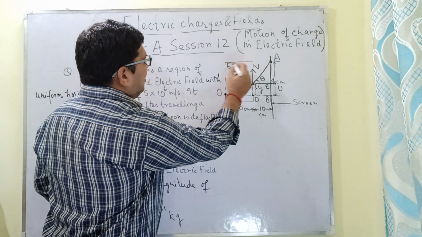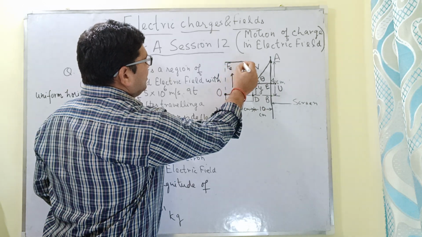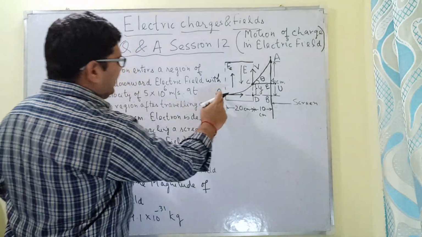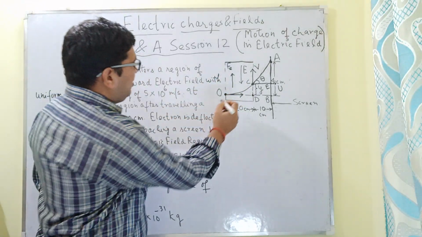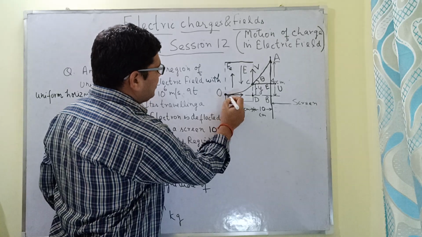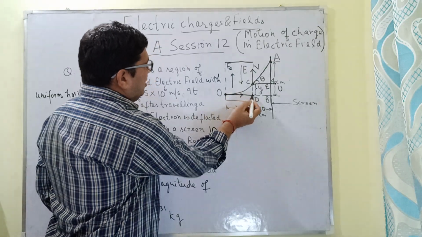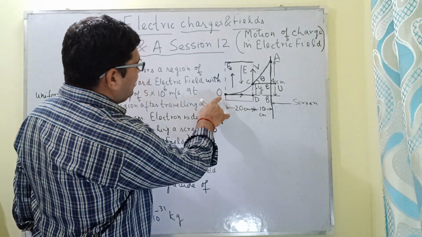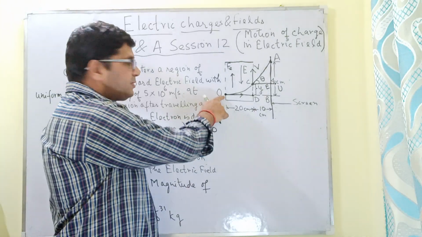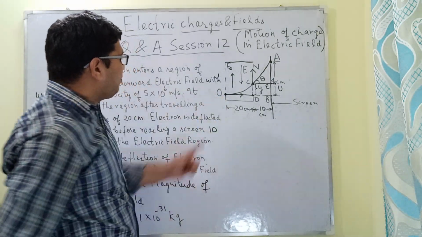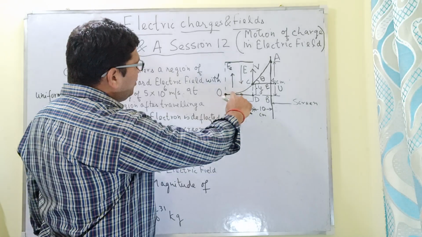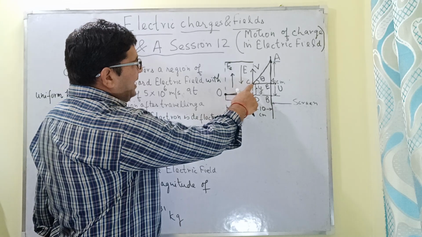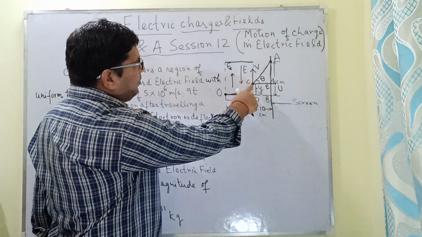This is the region of the electric field, and the electron enters it, let us say, at this point, which I have denoted as O. It moves under the influence of this electric field, and exits the electric field at the point C.